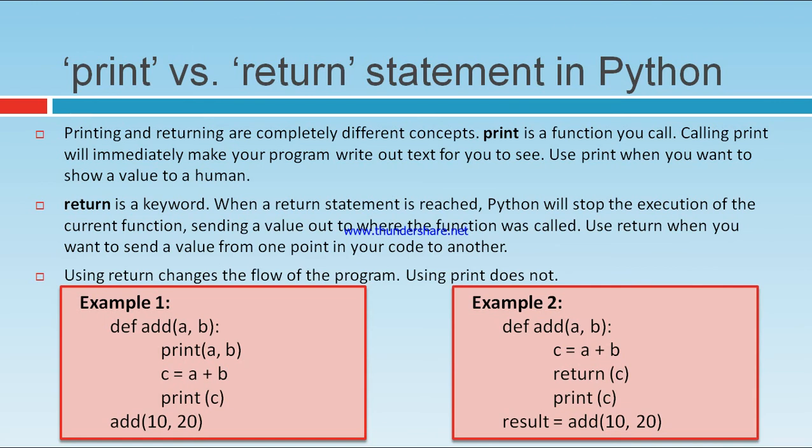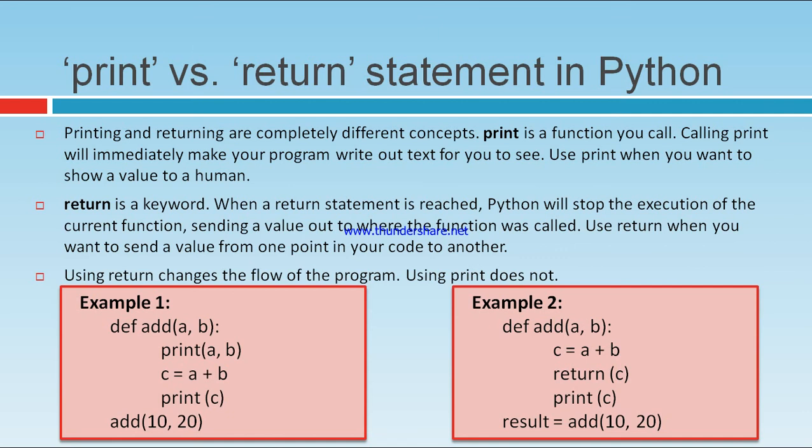Now just check another example. Example 2. Def add a comma b, c equal to a plus b, return c, print c. And the last line, result equal to add 10 comma 20. The very first thing, just check the calling statement of example 1 and example 2. In example 1, the calling statement is add 10 comma 20, direct statement.